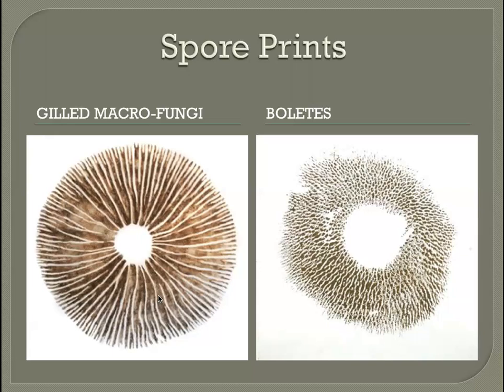It could be over the course of an hour that it takes to get spores to eject out of the cap onto the paper, or it could take a couple of days before spores start collecting. It depends on the age of the mushroom and whether it has spores to release.